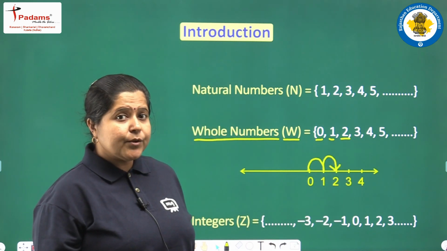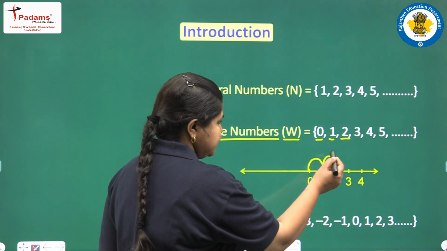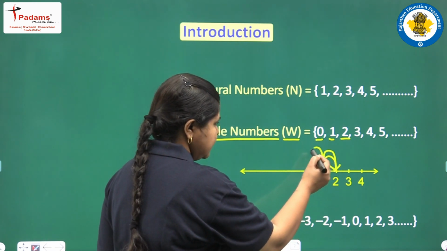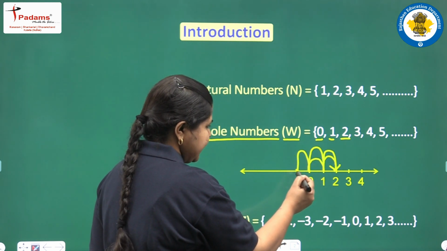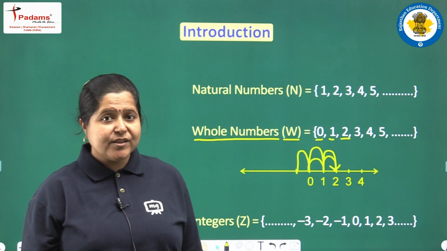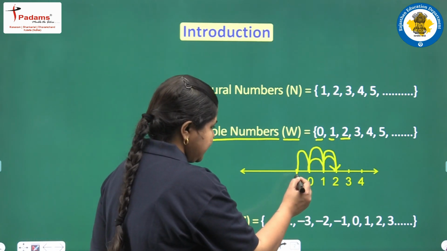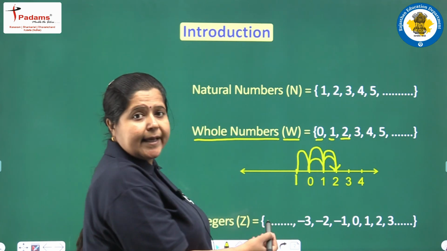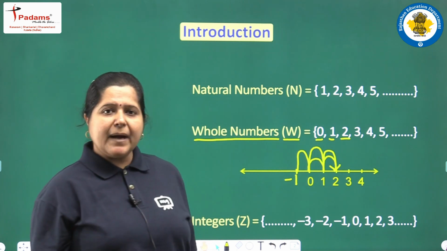Now if I ask you to take 3 steps back, where will you reach? 1, 2 and 3. Here you reach. What is the location of this point? Since it is near to 0, we give it the number 1, but since the direction is reverse, we give it a different sign which is minus.